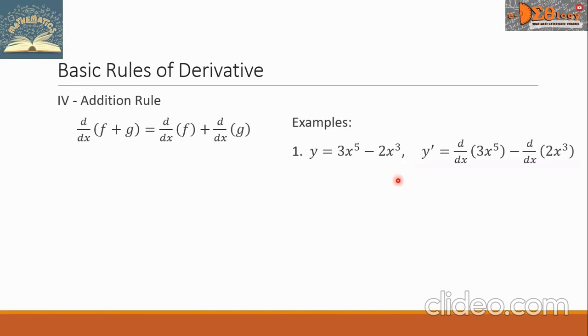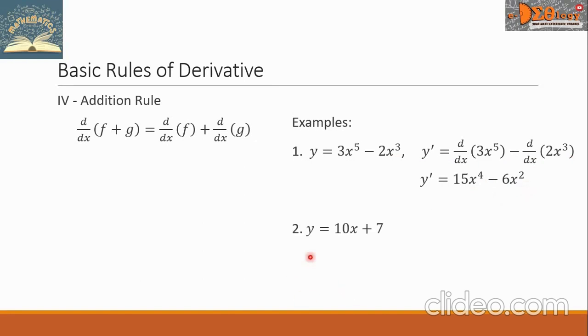So we're going to take the derivative of each of the functions, just like this. So we have y prime equals the derivative of 3x raised to 5 minus the derivative of 2x cubed. So we have here y prime equals 15x raised to 4 minus 6x squared.